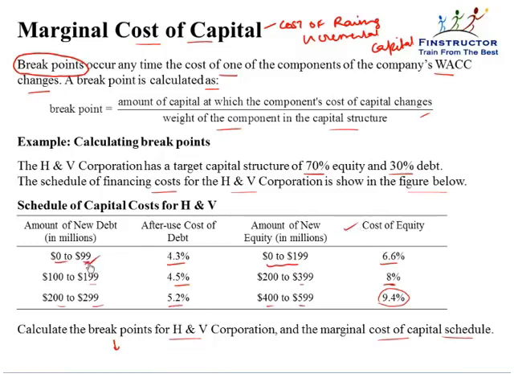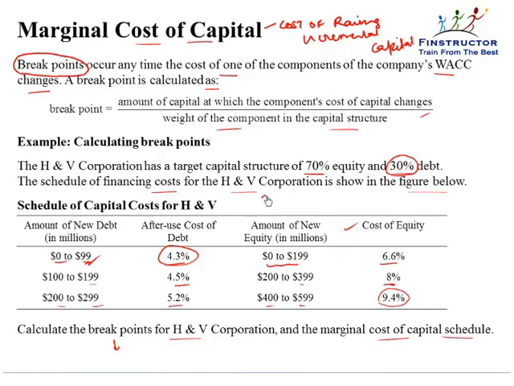Now for the first $100 million, the cost of debt will remain the same. So an increase in cost of debt will come when debt goes above $100 million. When will that happen? Debt is what percentage of the total capital? It's only about 30% of the total capital.